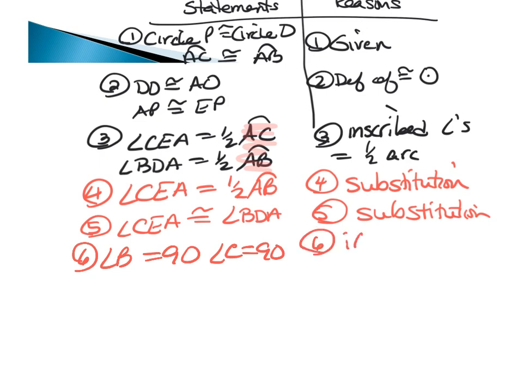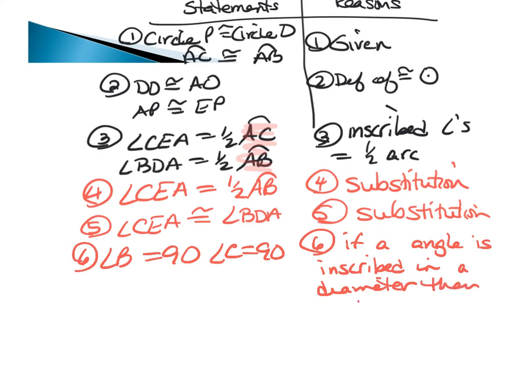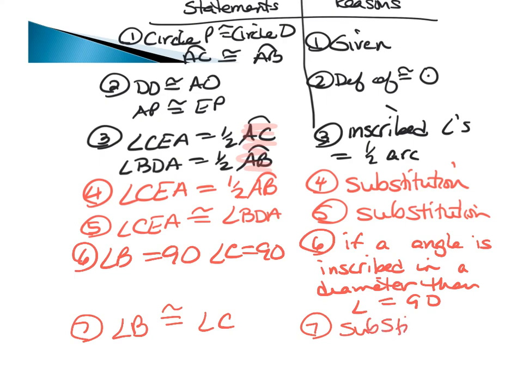And that reason is if an angle is inscribed in a diameter, then the angle equals 90, or it's a right angle. So now I can do substitution and say angle B is congruent to angle C, substitution.